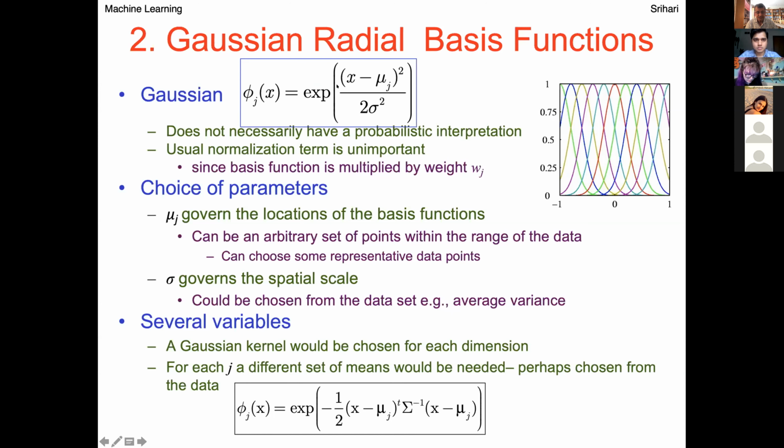So x is the input, which can be a vector. This is an exponential here. A Gaussian kernel would be chosen for each dimension. For each, a different set of means would be needed, perhaps chosen from the data, so we can generalize it to multidimensional space as well.